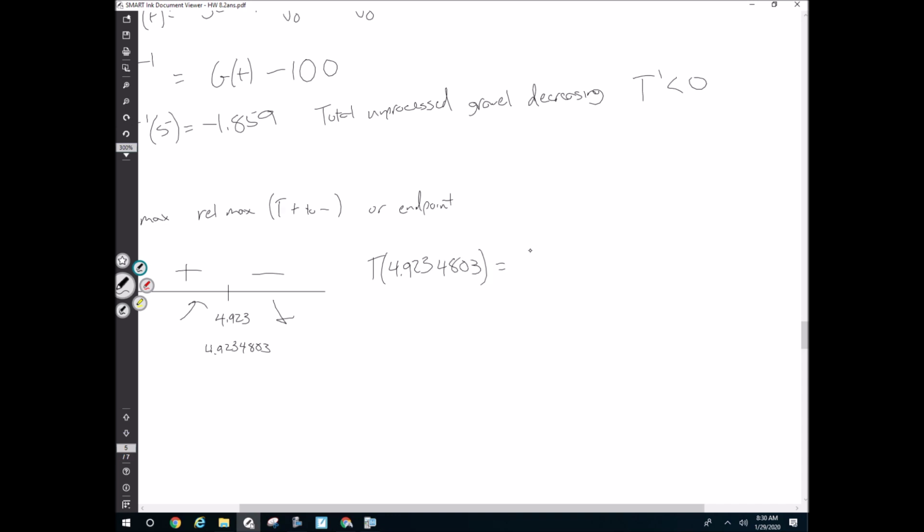That's going to be equal to our initial amount plus our total in minus our total out. I'll do the calculations.